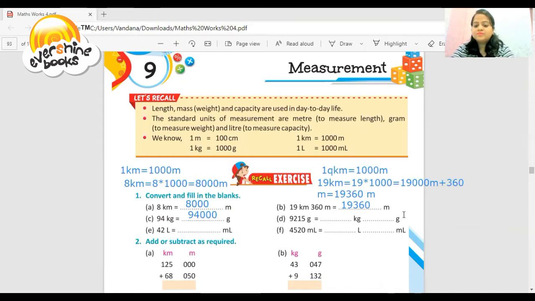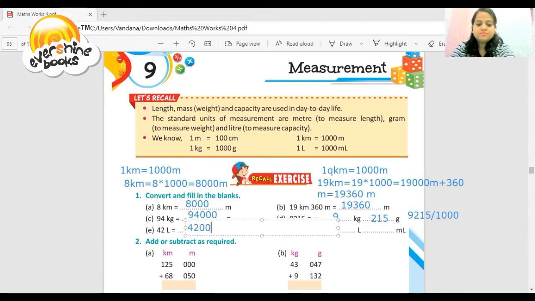So 9215 divided by 1000, since 1 kilogram is equal to 1000 gram. You will get the answer 9 kilogram and 215 gram.